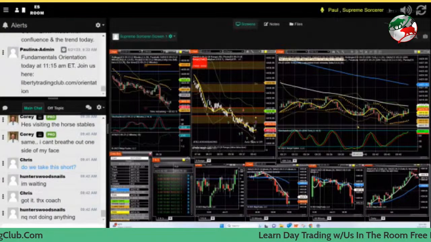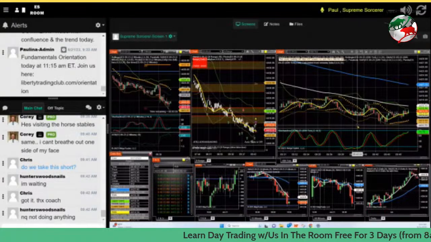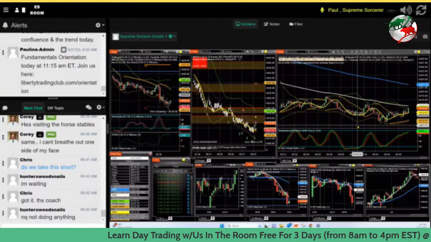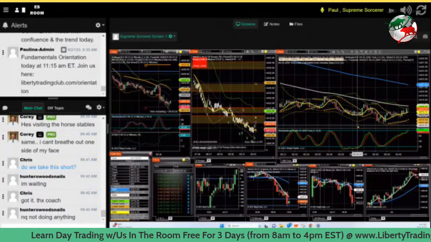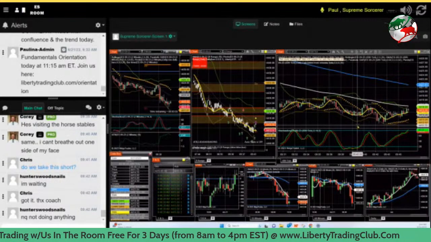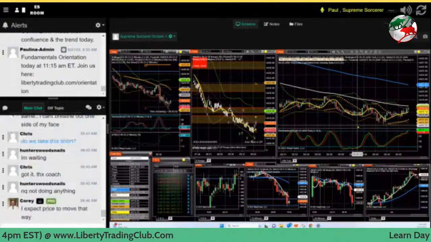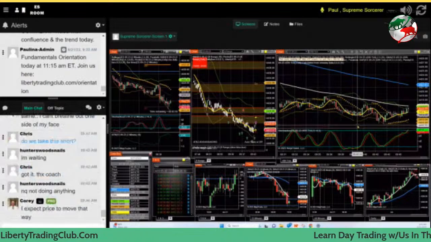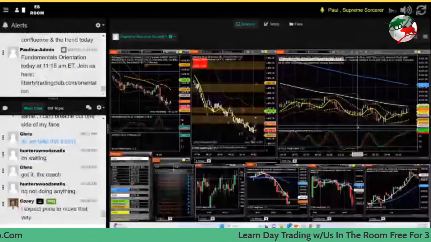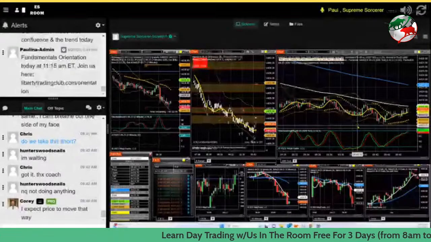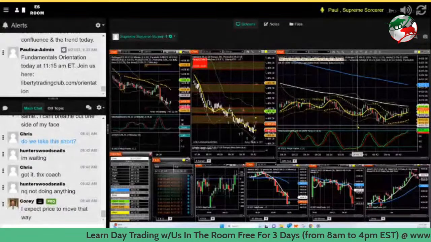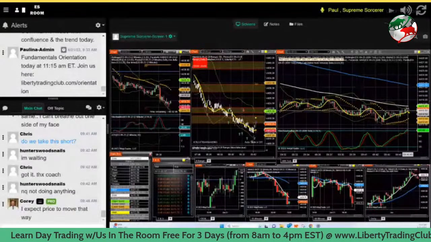A little bit of a stop run, right? We would expect a little bit of a stop run, and then you would expect price to move to the right.